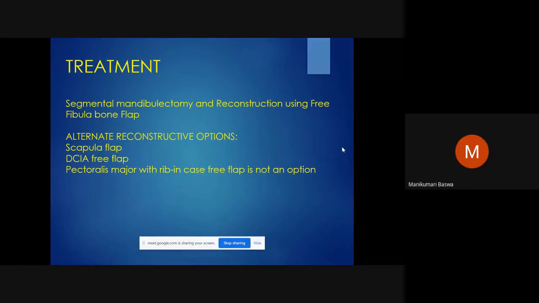So, what is the advantage of DCIA over fibula? Cosmetic, the donor side cosmesis DCIA would be better.